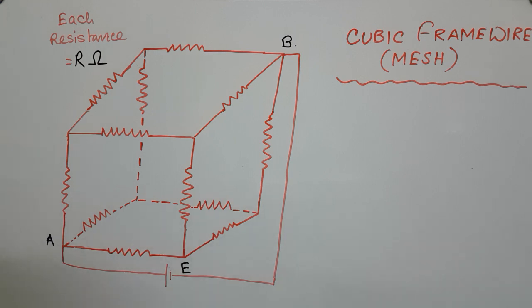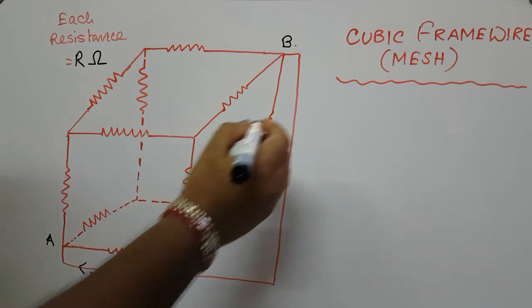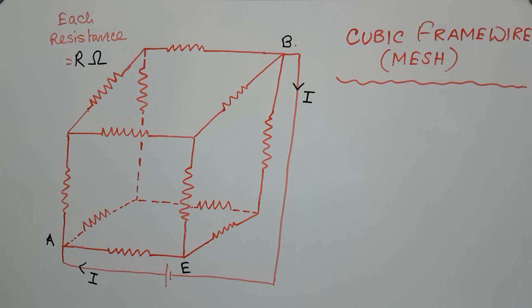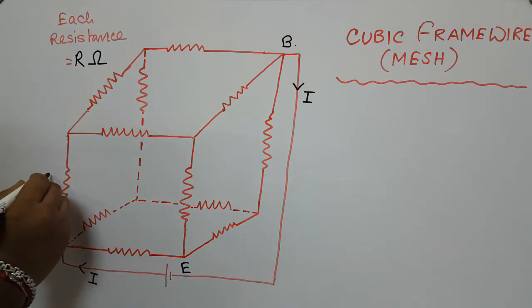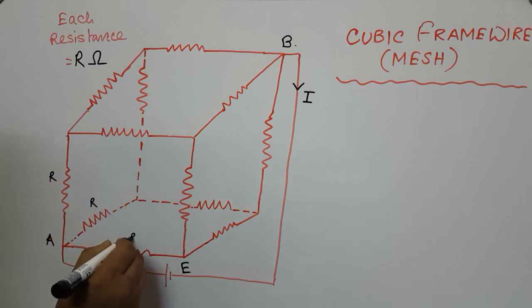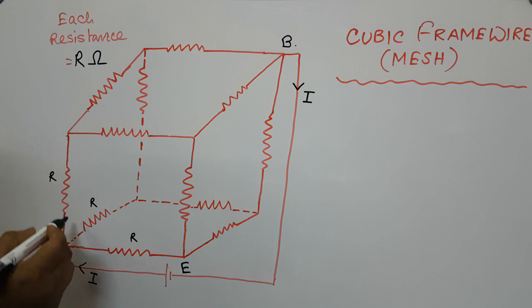If we consider the current entering from A is capital I, then the current exiting from B is also I. As these resistances are all equal to capital R, this current will divide into three parts here.